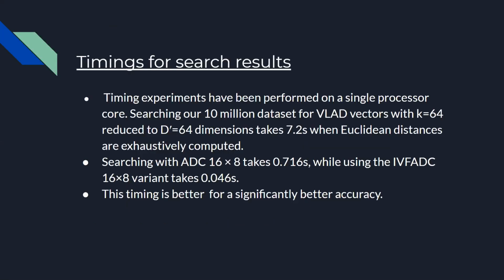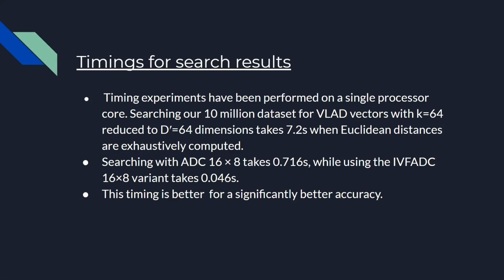Timings for search results. That is, how much time elapses for a search? Timing experiments have been performed on a single processor core. Searching our 10 million dataset for VLAD vectors with k equal to 64, reduced to d' equal to 64 dimensions, takes 7.2 seconds when Euclidean distances are exhaustively computed.